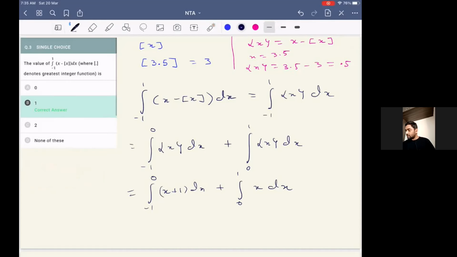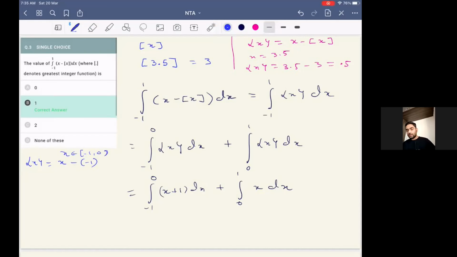If we put it there directly, what we are going to get is that the fractional part of x will be equal to x minus of minus 1, only when x lies between minus 1 to 0, in this part. So we can clearly see that it will be x plus 1.